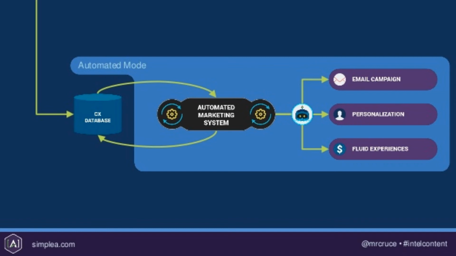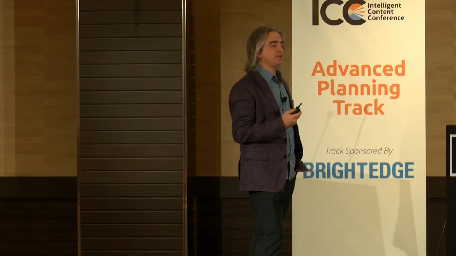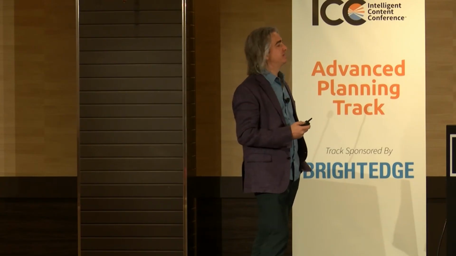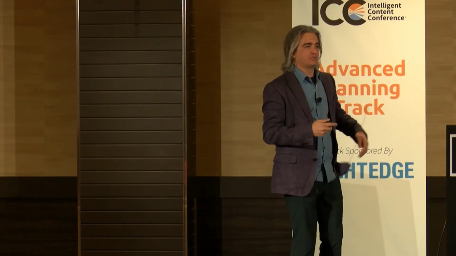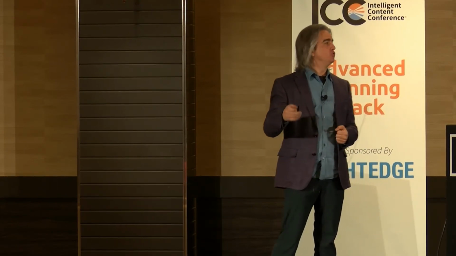All of that happens because we're putting content next to customer experience data, and we're connecting the two, usually with the help of an automated marketing system. That system is then using the structured content, as a DJ would, mixing and matching pieces out to email campaigns, personalization, and other more fluid experiences.